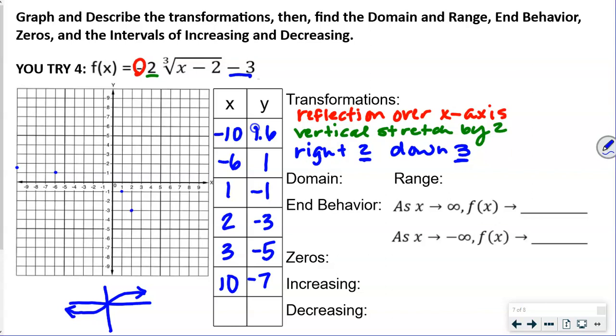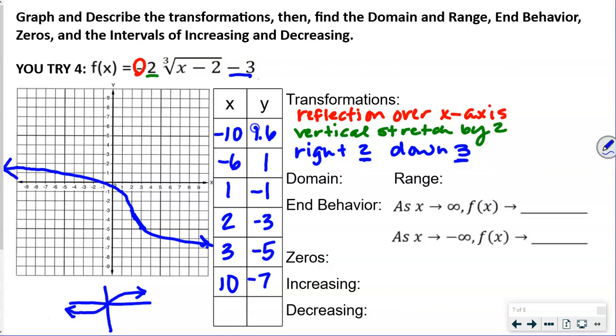That's going to be where our graph is really going to transition or turn. Then we've got 3, -5 there, and then 10, -7 out here. Okay, so this is our graph. See how well I can do this. Not very well, apparently, okay? Close enough, okay? All right, so that's our graph.